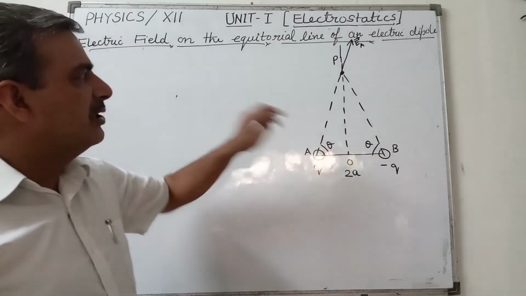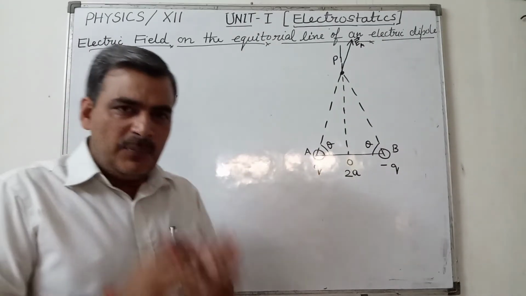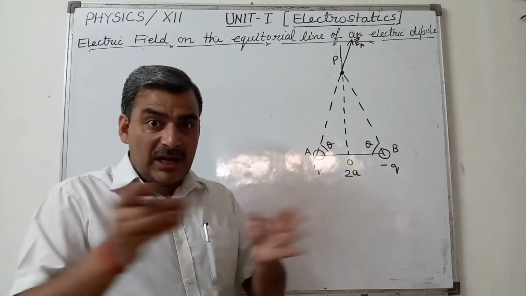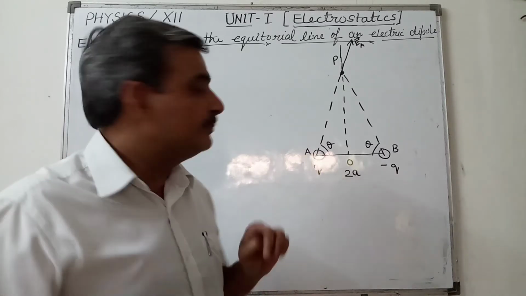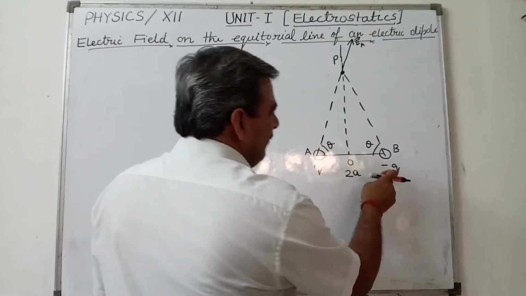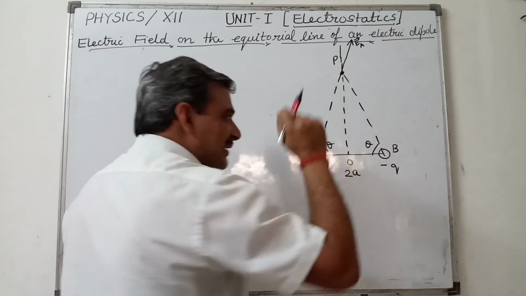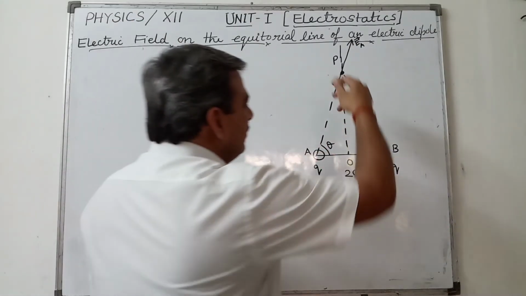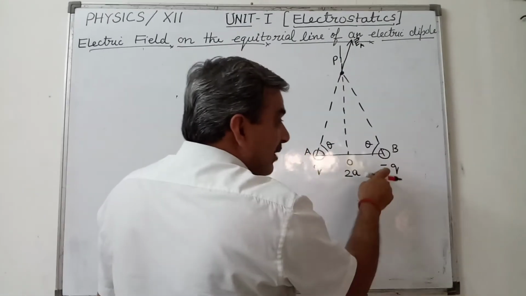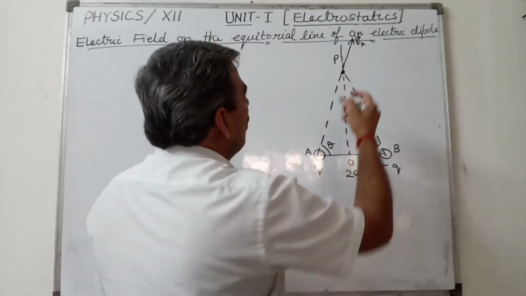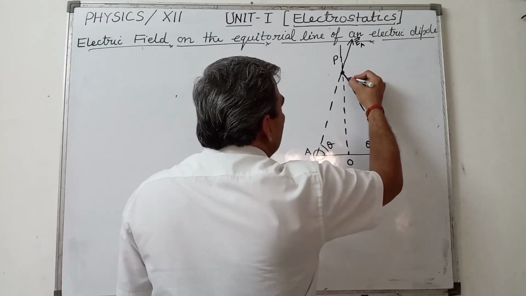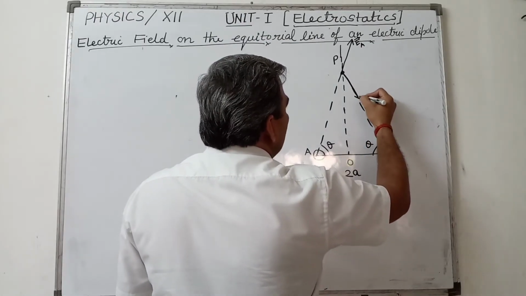Because the charge is positive, and from a positive charge the field lines go outward. In the same manner, if you look at the negative charge, the field at the point P due to this negative charge placed at B is towards B, because this is a negative charge and the field lines are inwards. So you have this field as EB.